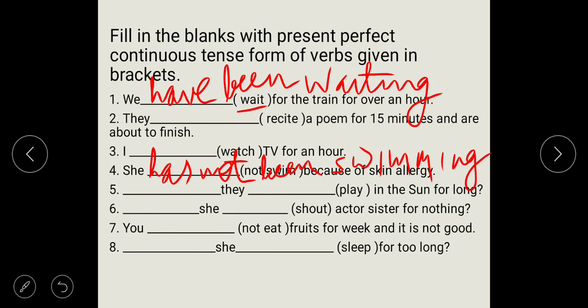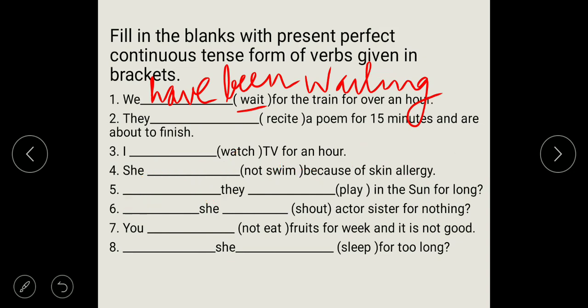Then what will come? Have they. With they we have to use have. Then make the question: have they been playing in the sun for long? Have they been playing?